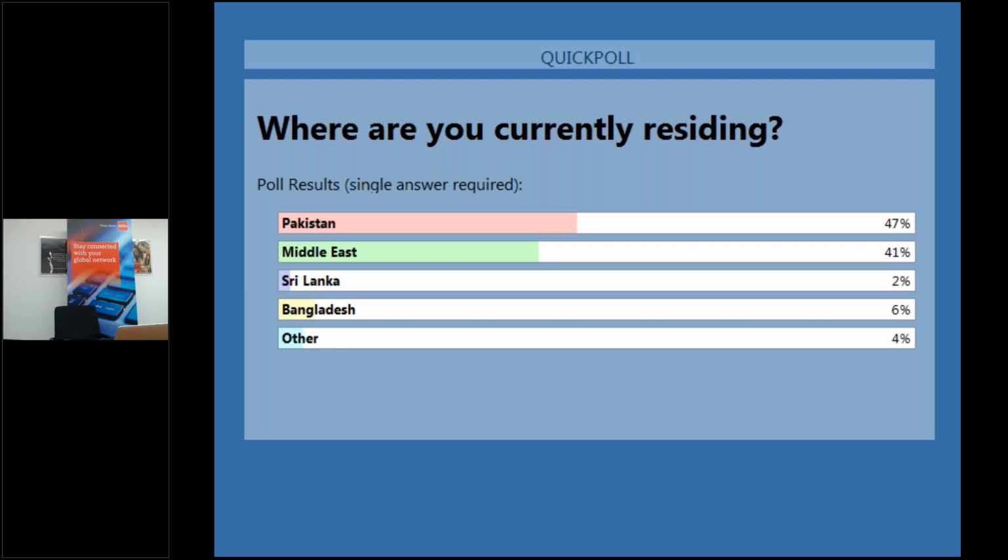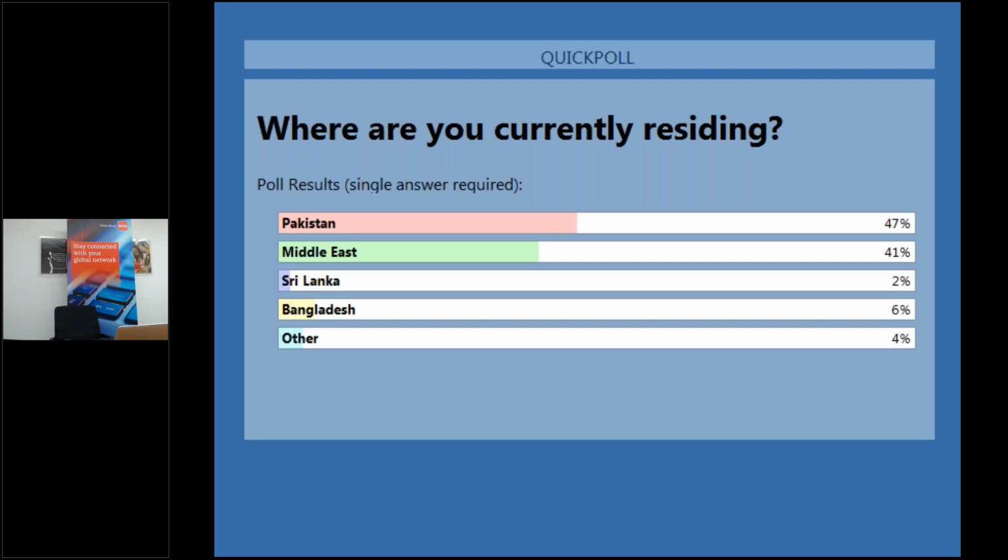We have this time more participants from Pakistan. They are about 47%, and from the Middle East we have 41%. Sri Lanka 2% and Bangladesh 6%, while others are from, I think, Oman, Qatar, and other such countries.